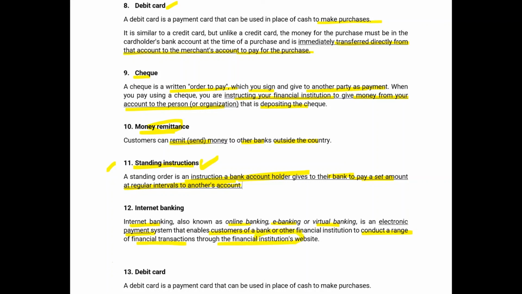So basically you log in to the bank website, and then you can do a variety of transactions. For example, you can set up a transfer of money online, or you can set up the transfer of money overseas and so on.